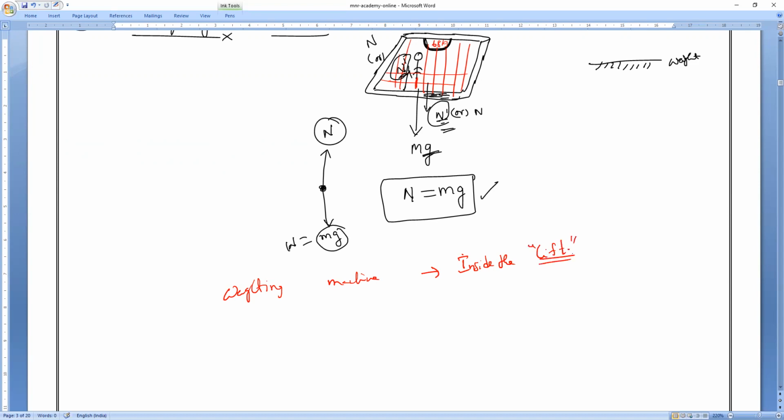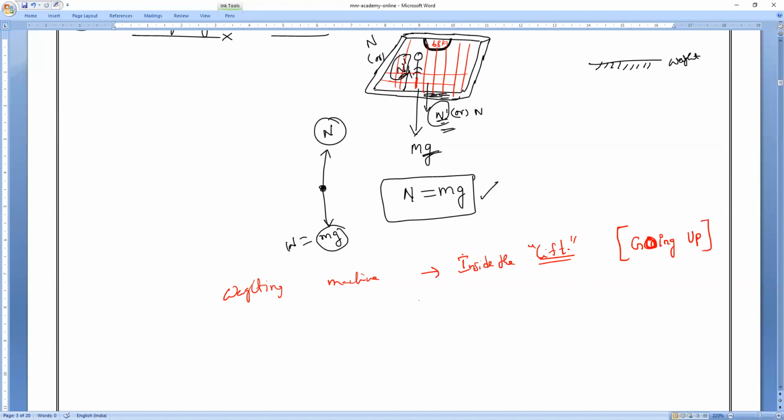Everywhere nowadays we have a lift. Am I right or wrong? So the weighing machine is inside the lift, and keep in mind the lift is going up. This is very important. Going up, because coming down is another different thing.